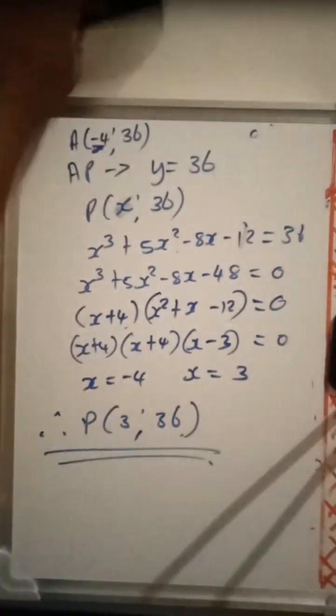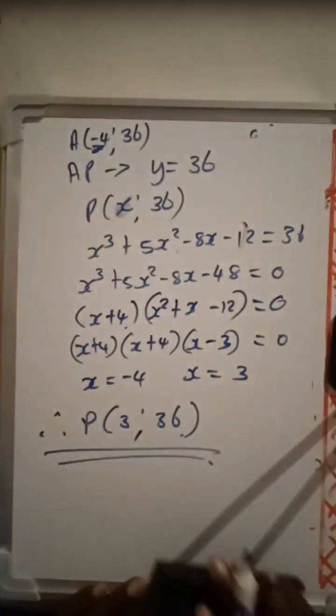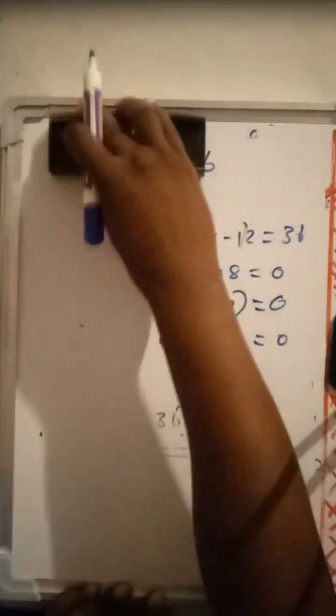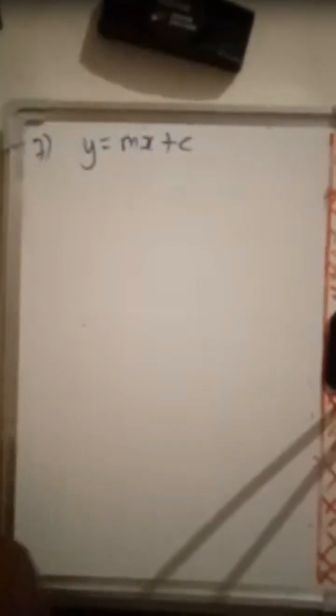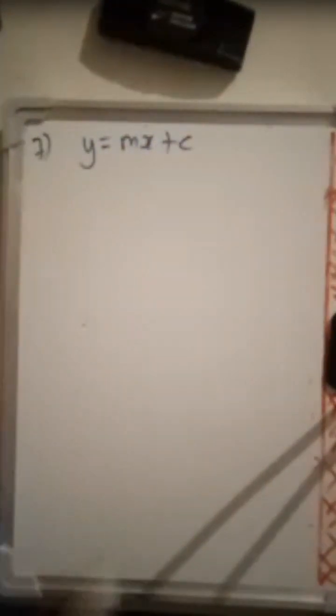Now we go to number 7. Number 7 says determine the equation of the tangent of f at M. So remember, the equation of a tangent is always in the form y equals mx plus c. The first thing that we want to find is q.